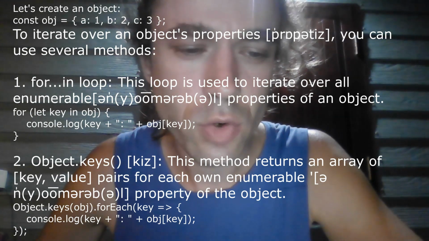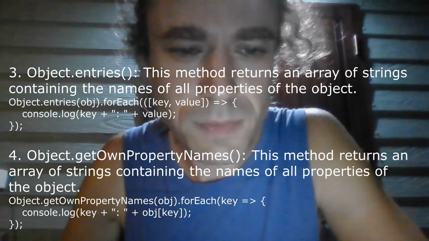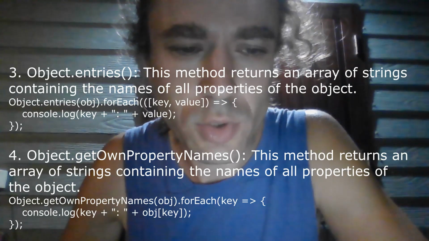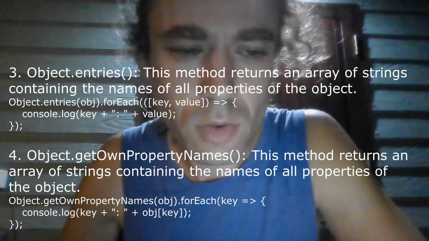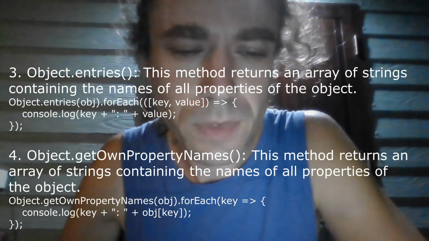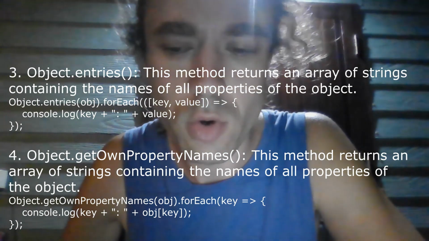Object.getOwnPropertyNames. This method returns an array of strings containing the names of all properties of the object.